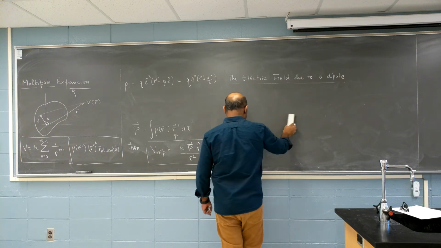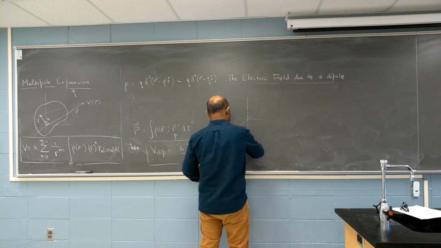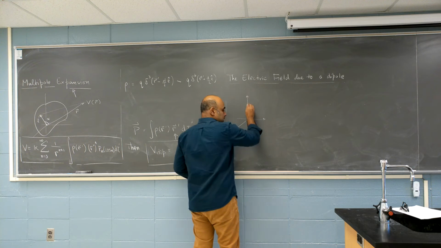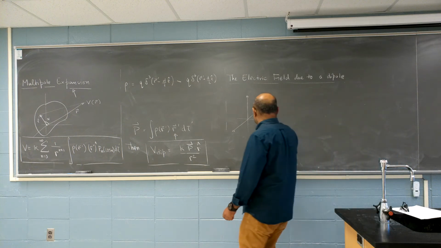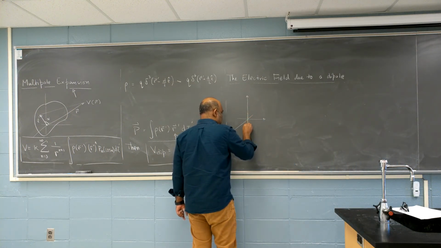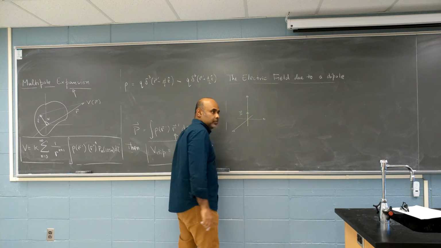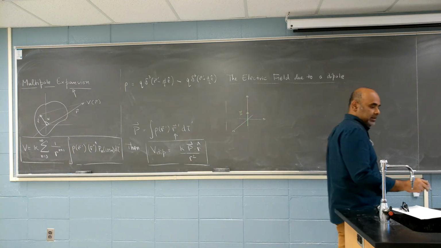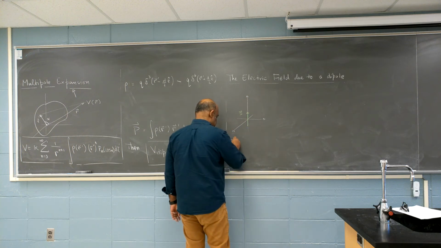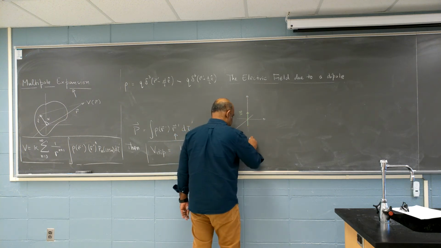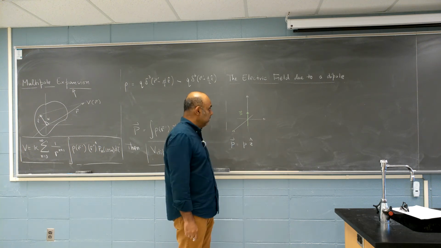We'll just pick our dipole to be just a fixed vector we'll just call P. It is centered at the origin. The dipole itself has some constant magnitude P in the direction z hat.